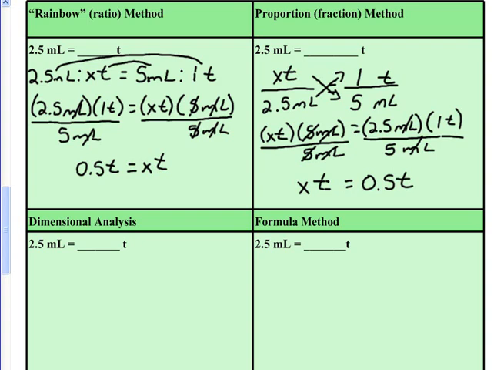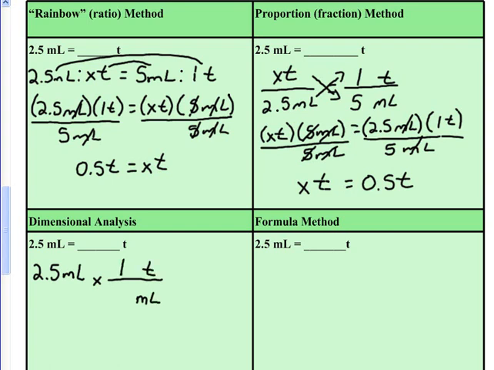We can also perform this conversion by using dimensional analysis. We will start with our 2.5 milliliters and we will multiply by a fraction that shows the relationship between milliliters and what we're trying to change it to, in this case, teaspoons. Since we want milliliters to cancel, we will put milliliters at the bottom of our fraction and teaspoons at the top.